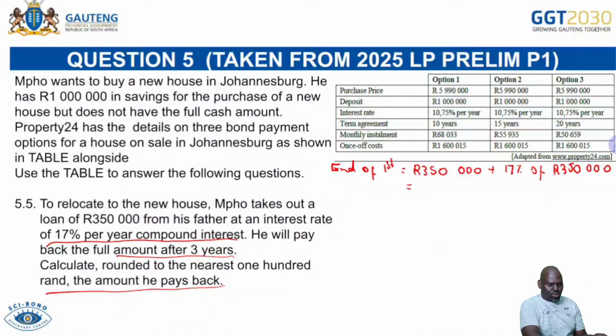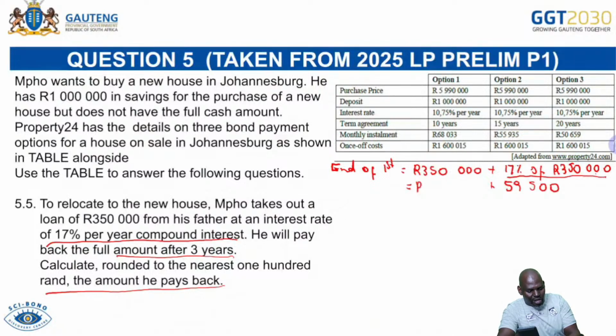So 17% of 350,000: 17 divided by 100, multiplied by 350,000. If I calculate this, it gives me 59,500. So let me just write it down: 59,500, and then plus 350,000.